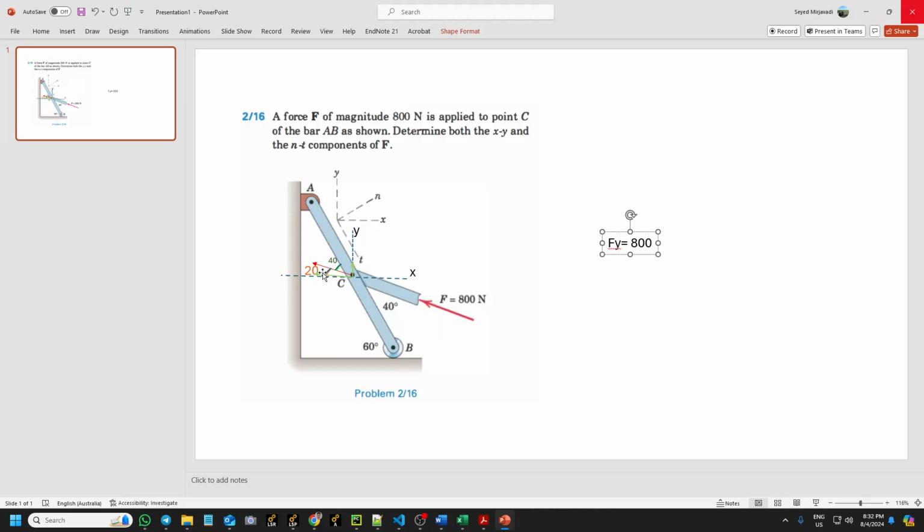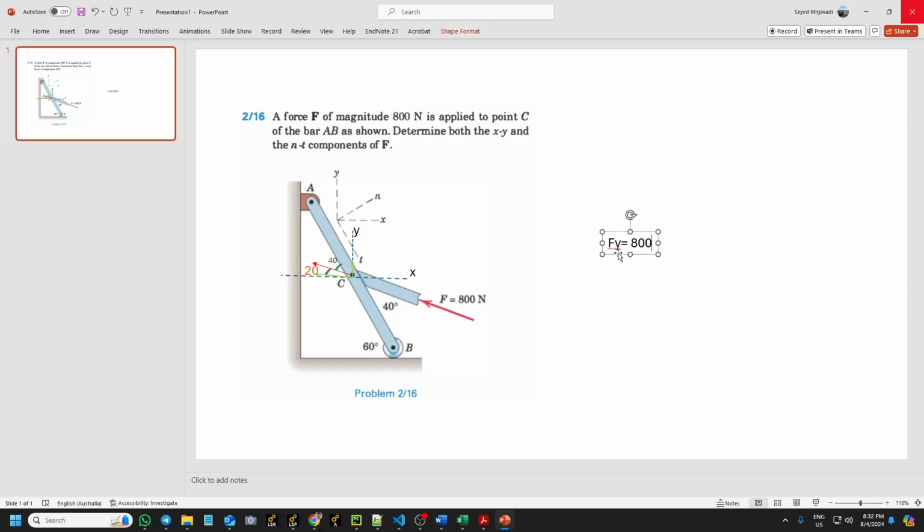We just use one angle. In the exam, in any quiz, or even in your future life, use just one angle. Here we use the angle with respect to X, which is 20 degrees.